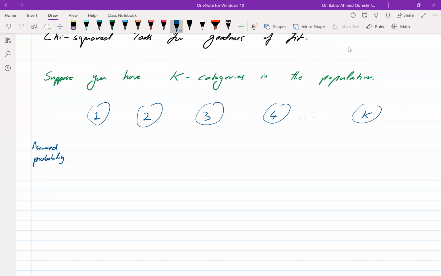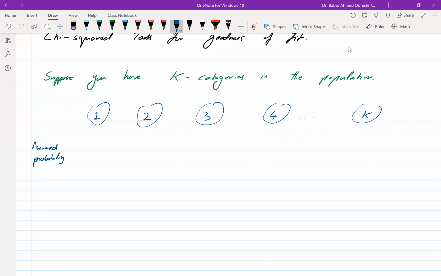Or for example, you could be talking about preference for certain brands. And this could be k brands of a certain product.